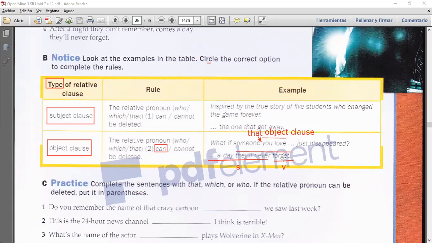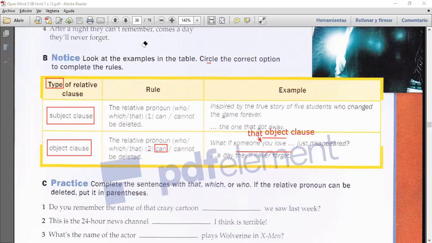They will never forget that day. So sorry, here is not in the main clause. We are just talking about a phrase. This is a phrase. A day they will never forget. So all of it is the main phrase we can say here.